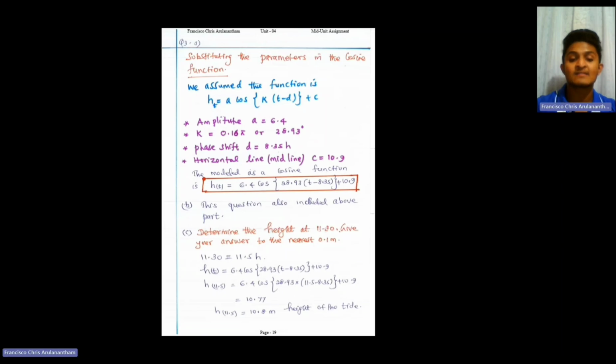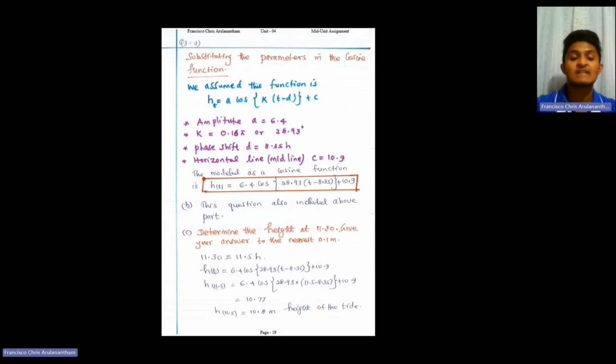Give your answer to the nearest 0.1 meter. 11:30 is equivalent to 11.5 hours. h(t) = 6.4 cos(28.93(t − 8.35)) + 10.9.